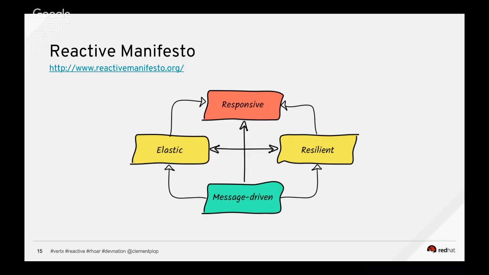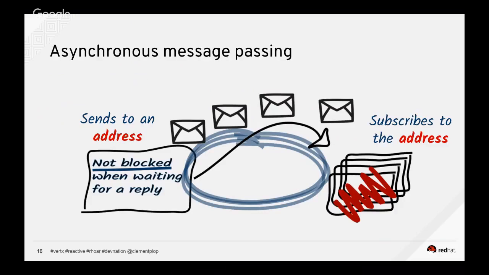It's really interesting. Okay, but how does it work? Basically, we have all our entities that will interact using messages, and messages are not sent to a specific recipient, but they are sent to an address. On the consumer side, you subscribe to the address, and you get the messages when the system decides that you are the next one.